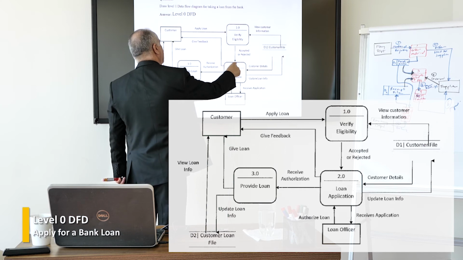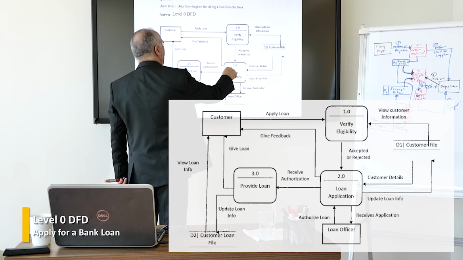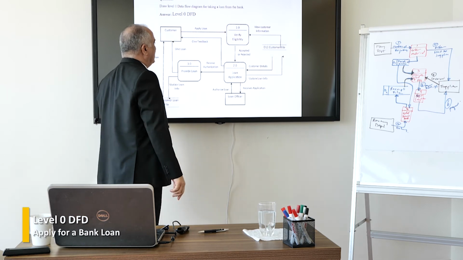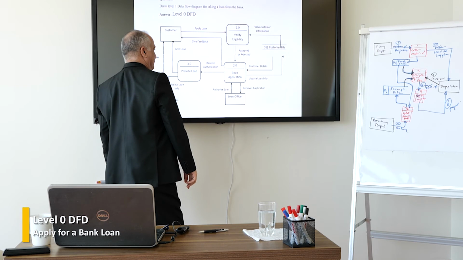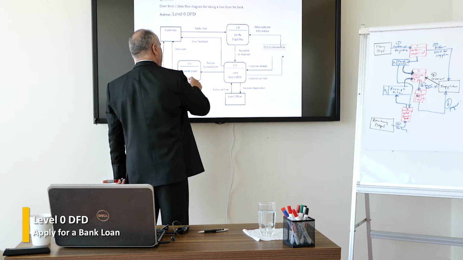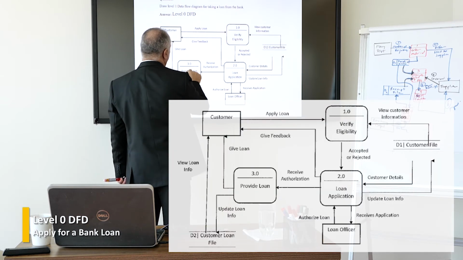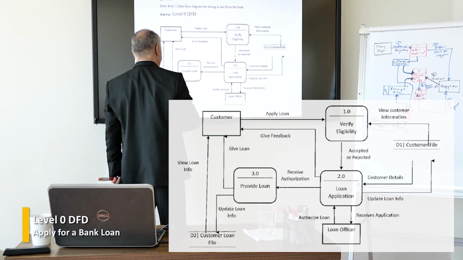The process of sending the loan application will send feedback to the customer saying, congratulations, your loan got approved. Now, another process will be initiated, which is providing the loan to the customer. So again, this is the process of providing the loan.